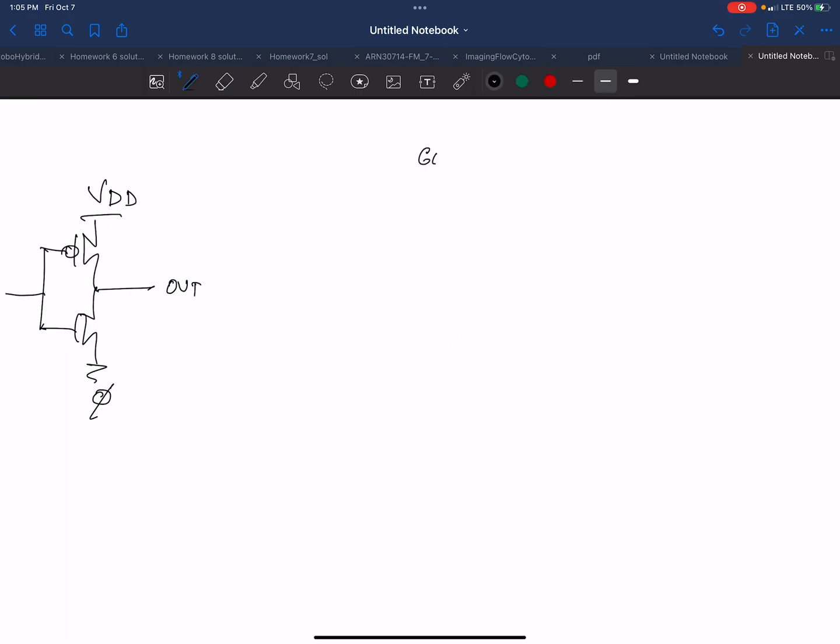So just as a general CMOS combination logic, you have a pull-up P network and a pull-down N network.